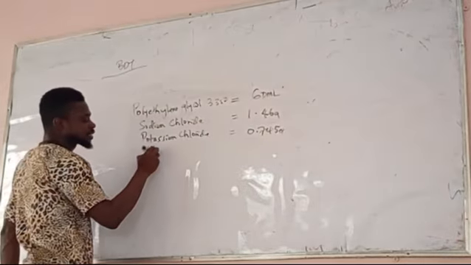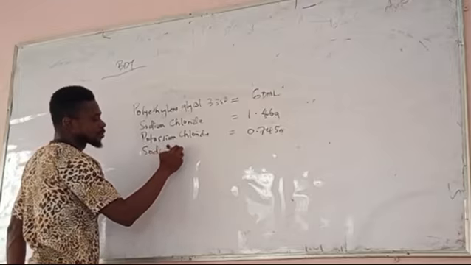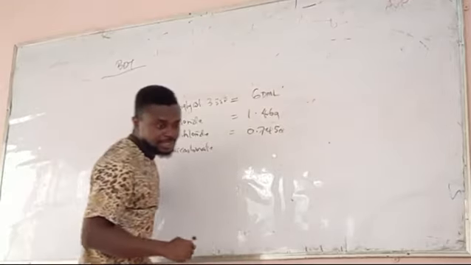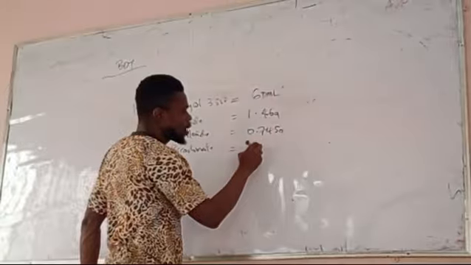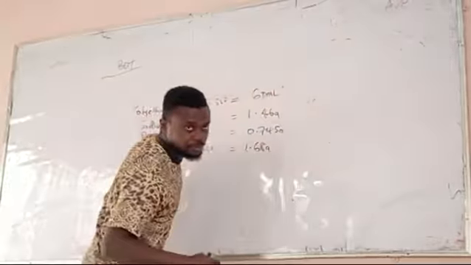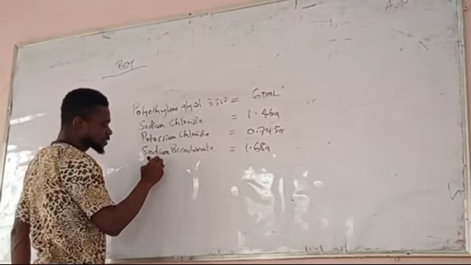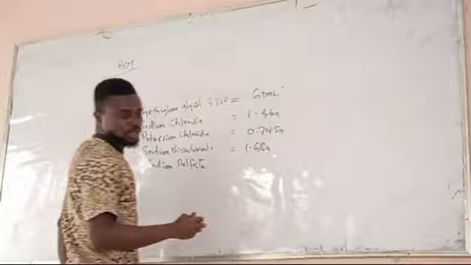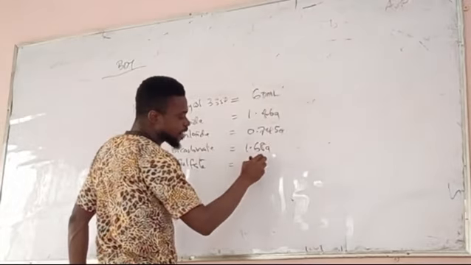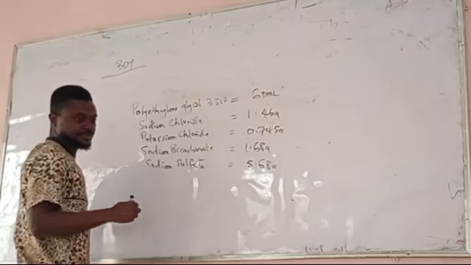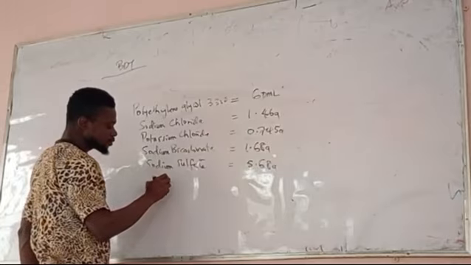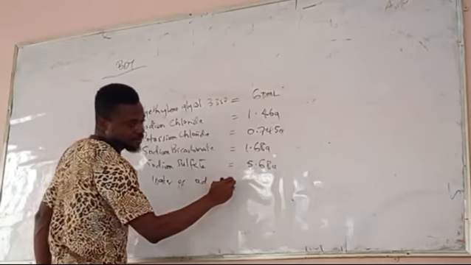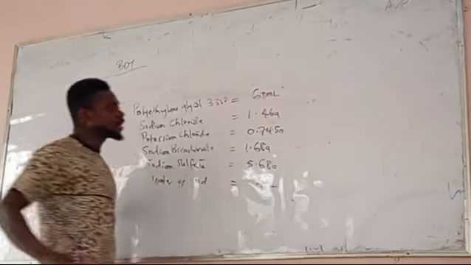Sodium bicarbonate, 1.68 gram. Sodium sulfate, 5.68 gram. Water, QS, sufficient quantity. Make it up to 4 liters. Look at the formula.